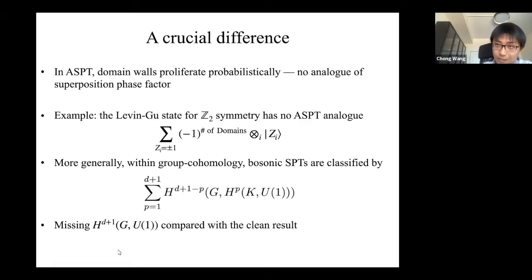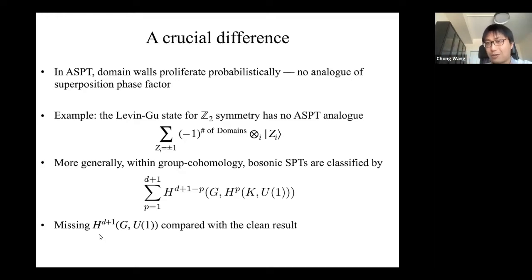The meaning of this term is that it's a group cohomology SPT protected solely by the symmetry G. So the conclusion is that within the group cohomology formulation, states protected solely by the average symmetry become trivial. If you want to remain non-trivial, it has to be at least protected jointly by an average and an exact symmetry.